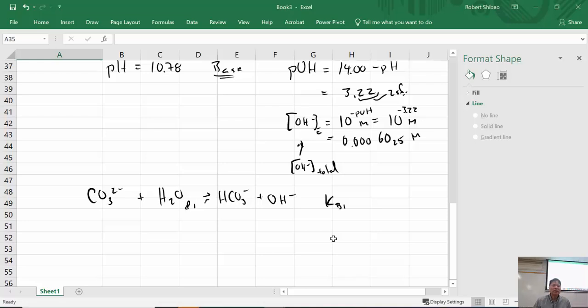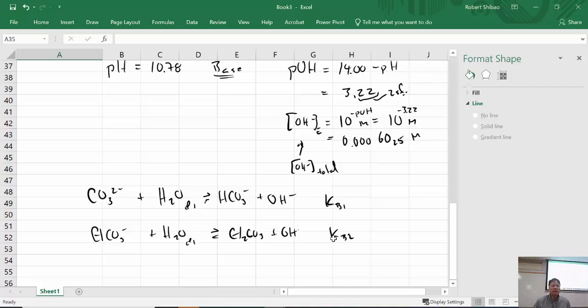Then bicarbonate can pluck a proton off water to form carbonic acid and hydroxide. This we call Kb2.